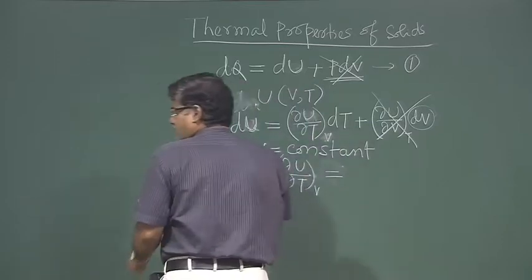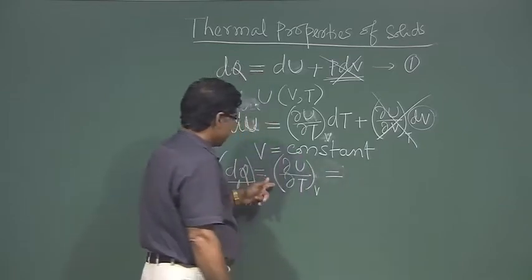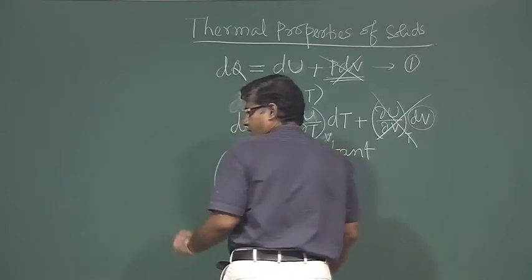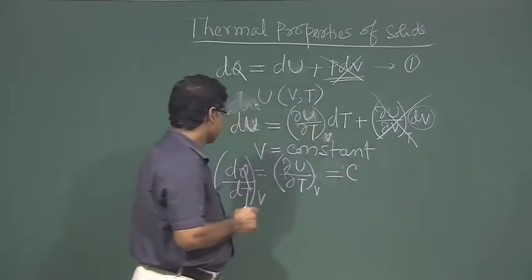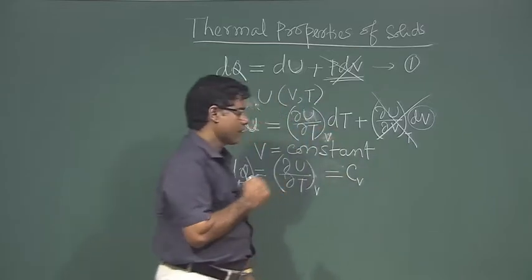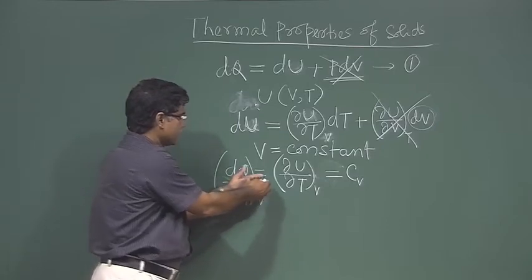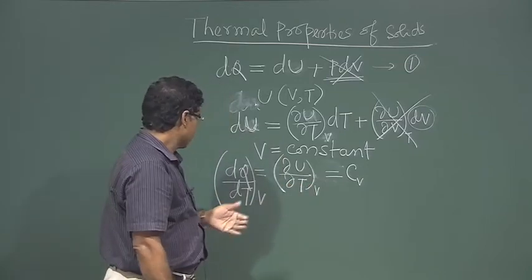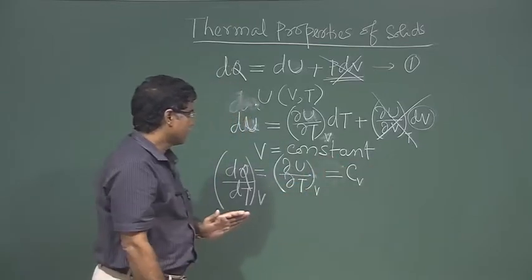This is defined by one parameter. It is called heat capacity. Since it is at constant volume, we write Cv. Okay. So, dq by dT at constant V is basically the change of internal energy with temperature. This is the definition of heat capacity.